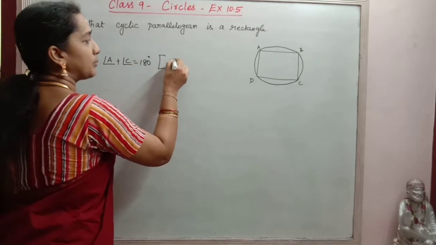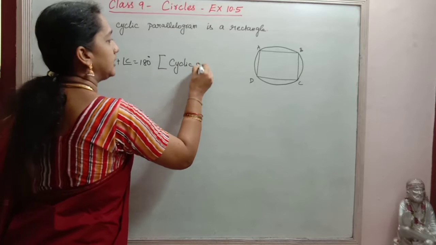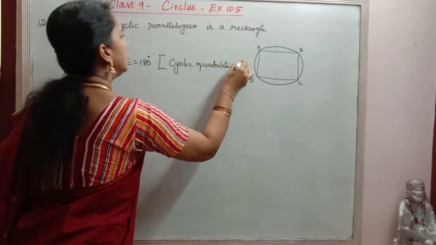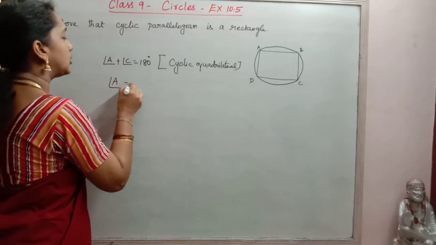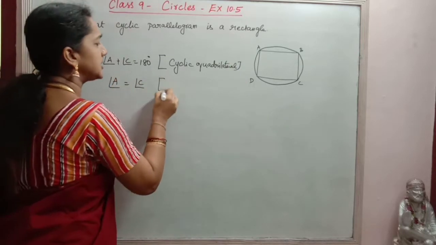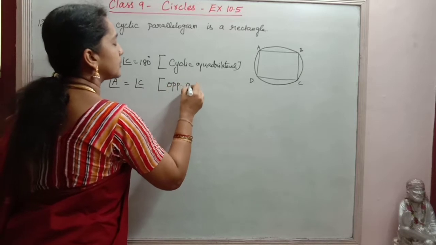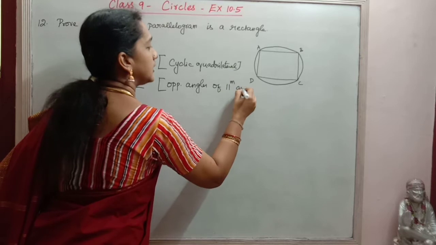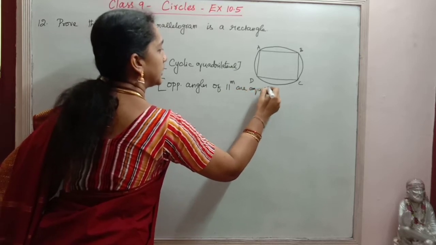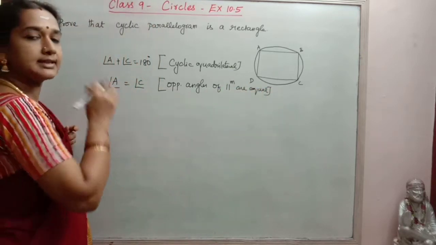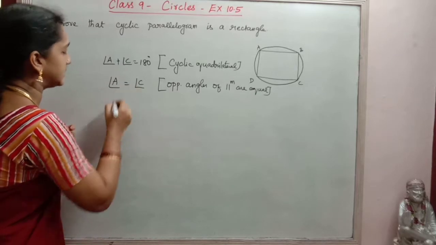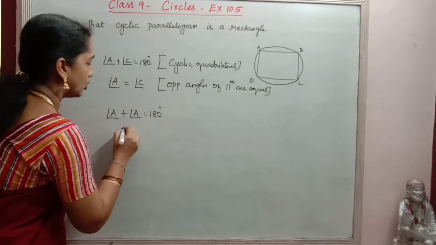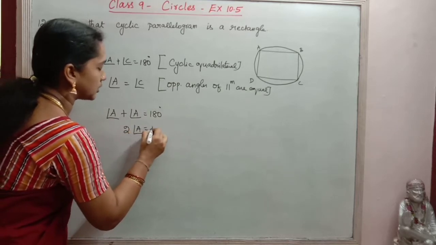This is by the property of a cyclic quadrilateral. Then angle A is equal to angle C. This is because opposite angles of a parallelogram are equal. Since A and C are equal, we can replace: A plus A is equal to 180 degrees. So 2 times angle A is 180 degrees.